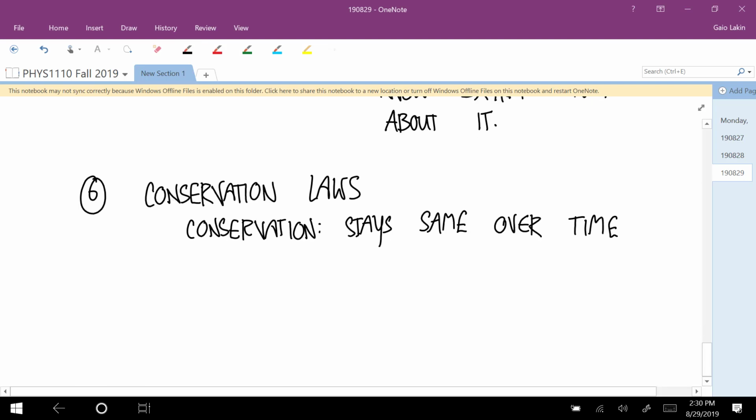The first one of those is conservation of linear momentum.